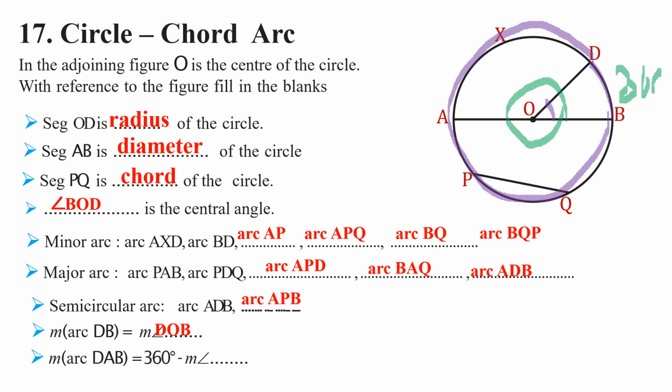Therefore, the measure of this arc is 360 minus the angle DOB. We subtract this angle. Write down angle DOB. So write down all these, filling the blanks. Next part.